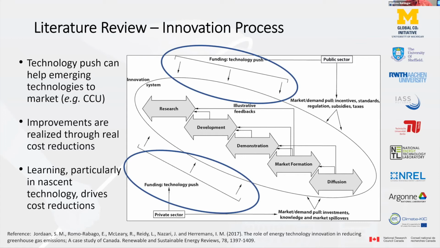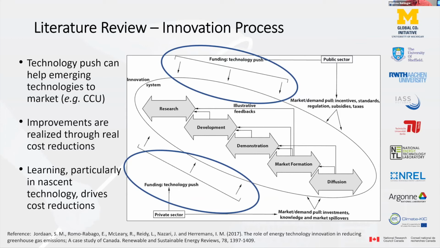How that is actually realized is real cost reductions as you move further in this innovation process, perhaps through capacity increases or things of that nature. So for CCU technologies at a very early stage, this is very important. And a lot of how we encompass this is through learning, or technology learning.